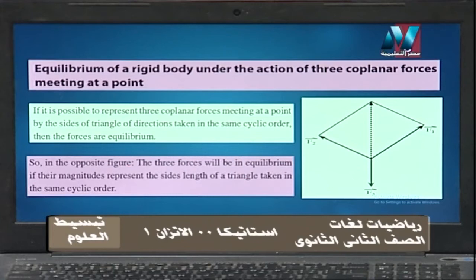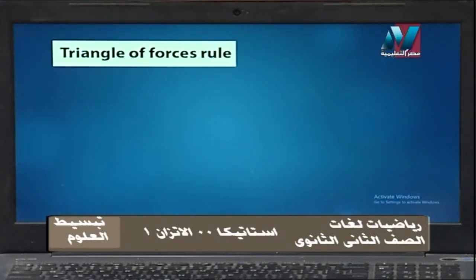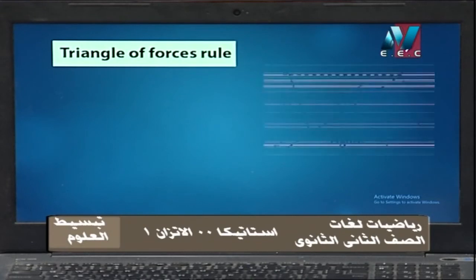So in the opposite figure, the 3 forces will be in equilibrium if their magnitudes represent the side lengths of a triangle taken in the same cyclic order. So, the triangle of forces rule now.